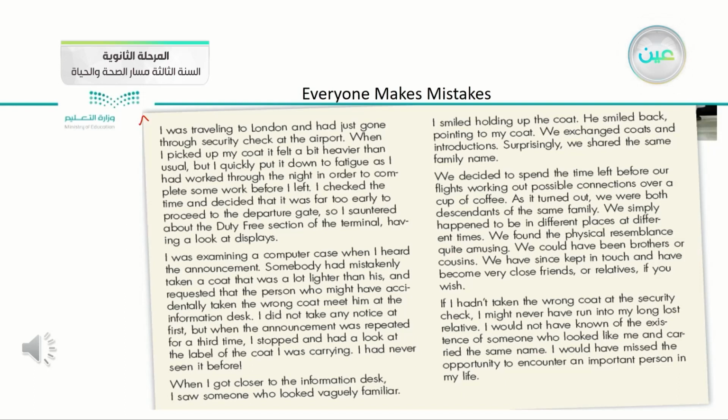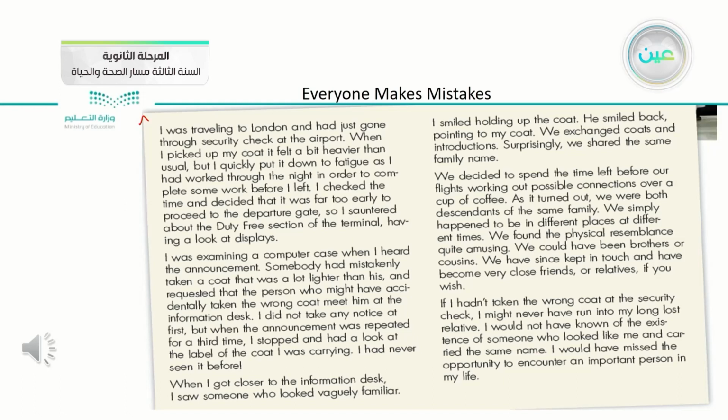We exchanged coats and introductions. Surprisingly, we shared the same family name. We decided to spend the time left before our flights working out possible connections over a cup of coffee. As it turned out, we were both descendants of the same family. We simply happened to be in different places at different times. We found the physical resemblance quite amusing.